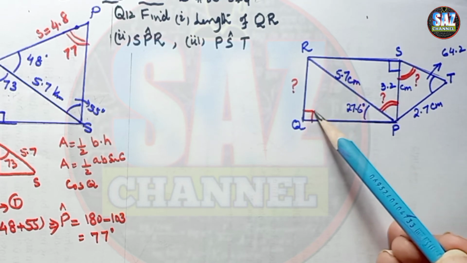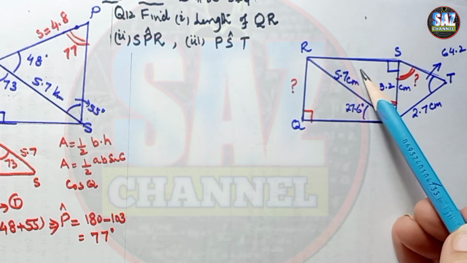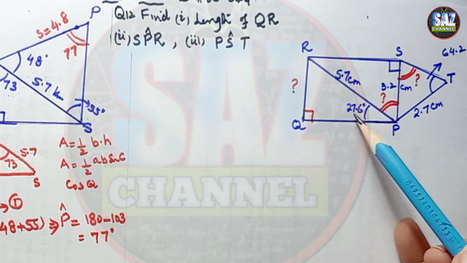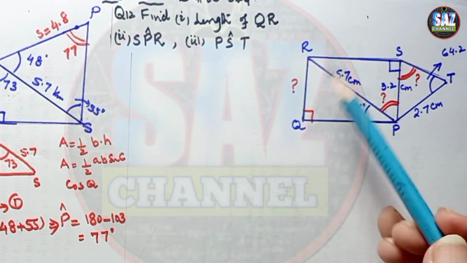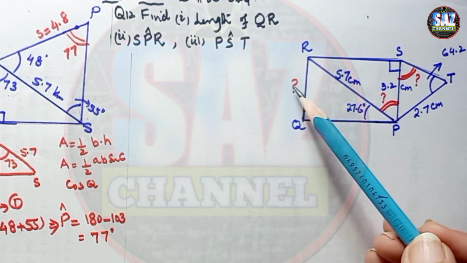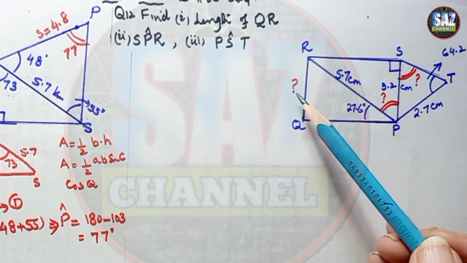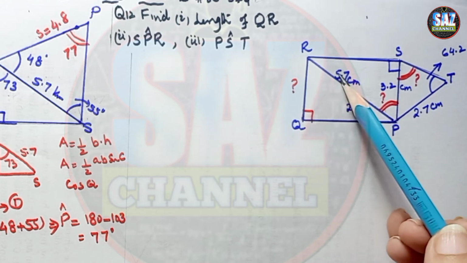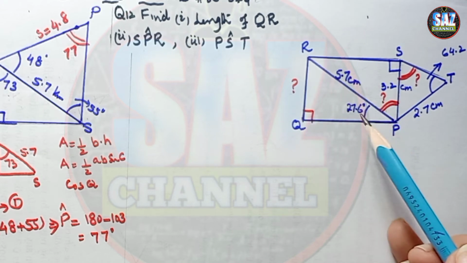With reference to this 90-degree angle, 5.7 is the hypotenuse, and with reference to this acute angle, the unknown, which is QR, is the opposite. Recall which trigonometric ratio we can apply using the opposite and hypotenuse: that is sine, we are going to use.